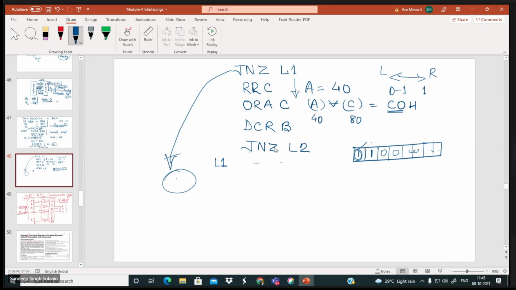To reset that bit, sir is asking, no? You have to tell two instructions. Where exactly it is stored, you have to bring it, rotate it, and store it back.